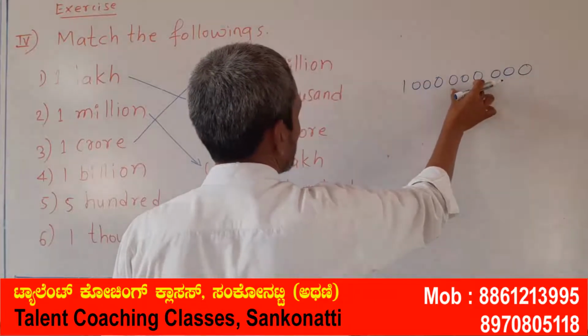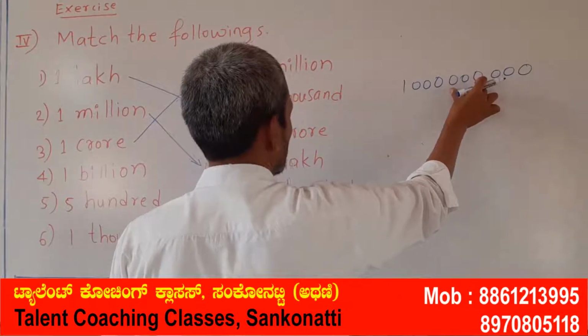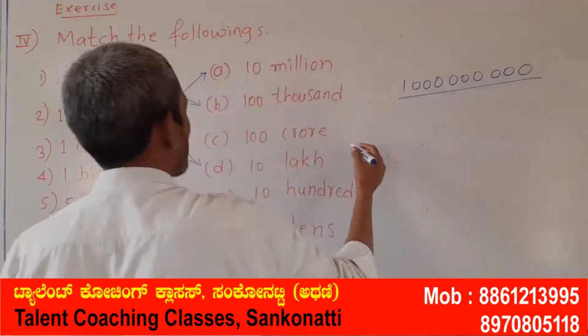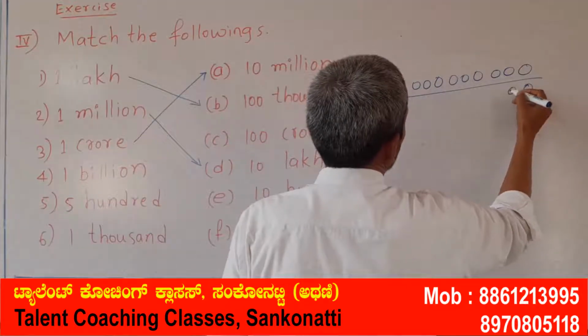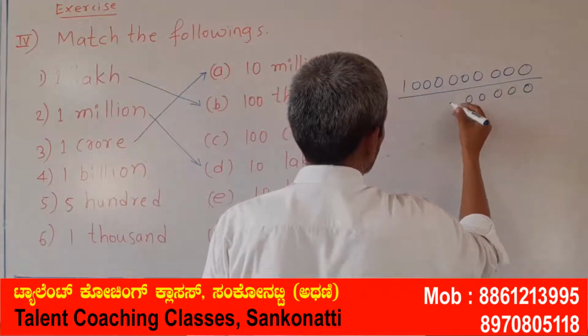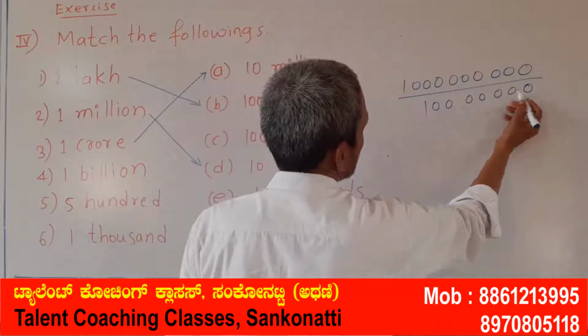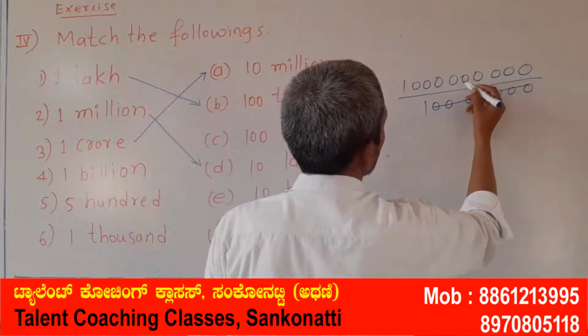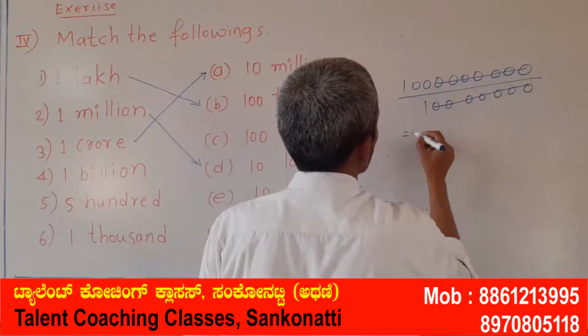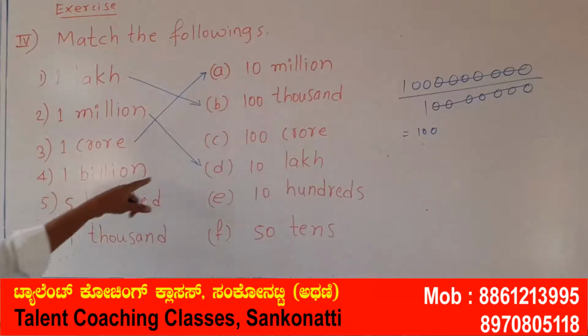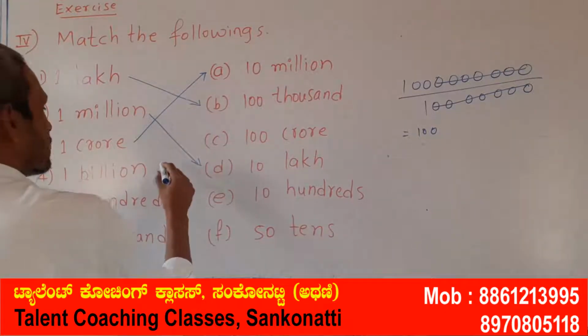Unit group, this is 1000 period, million period, billion period. We will divide it by crore. 7 zeros. Take 7 zeros, it is equal to 100. That means 1 billion is equal to 100 crore.